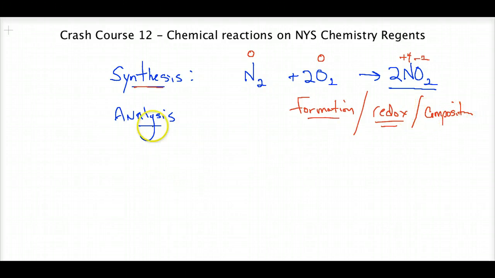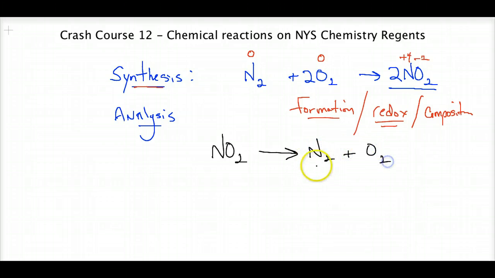Now, analysis is just the opposite. If you take your NO2 and you break it down to analyze how it was made, you get back your elemental states. Notice the diatomic elements are listed here. Anytime you write a diatomic element, you have to write it bonded to itself, and the same balancing applies.